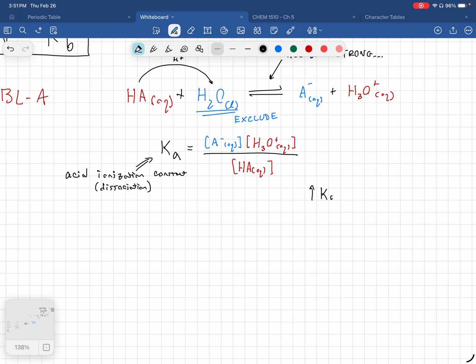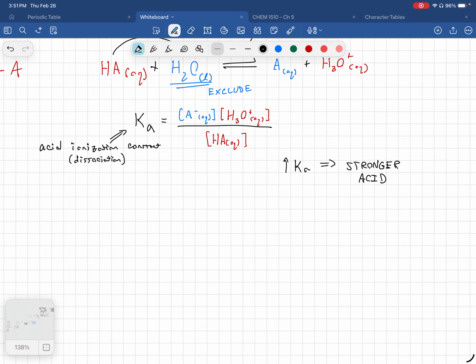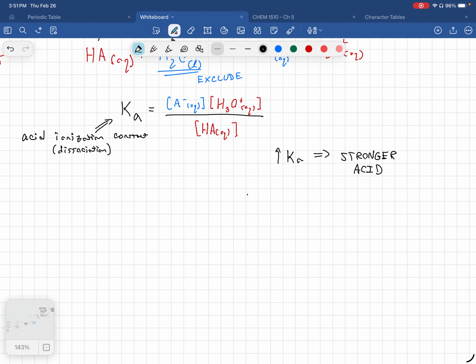A larger Ka means a stronger acid. Okay? A larger Ka means a stronger acid. Weak acids have Ka values less than 1, meaning weak acids are reactant favored.